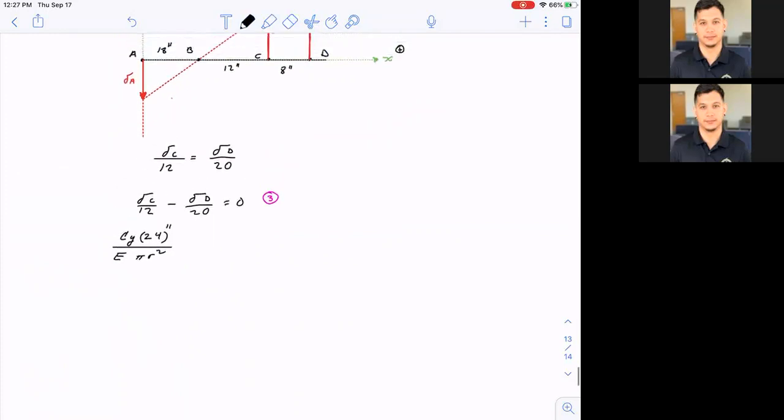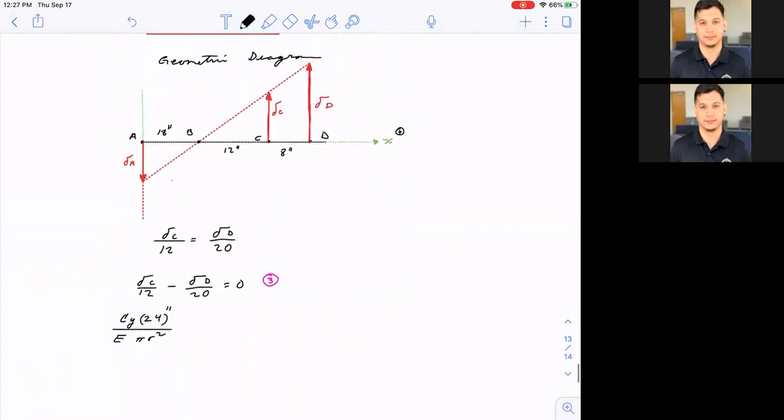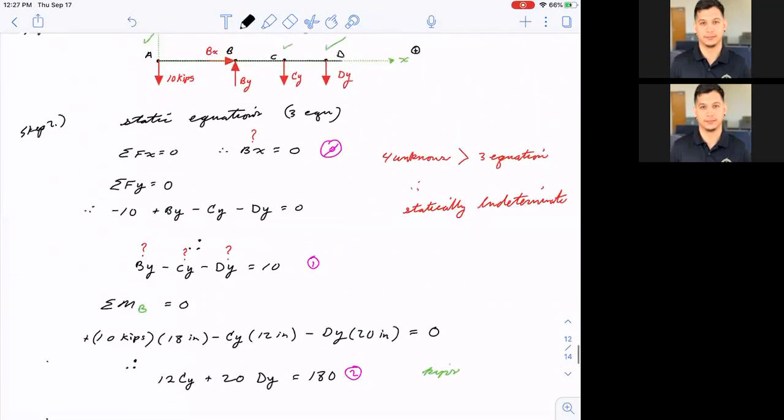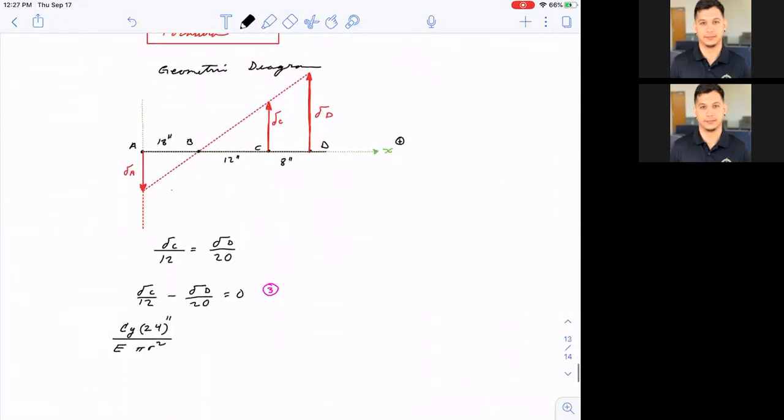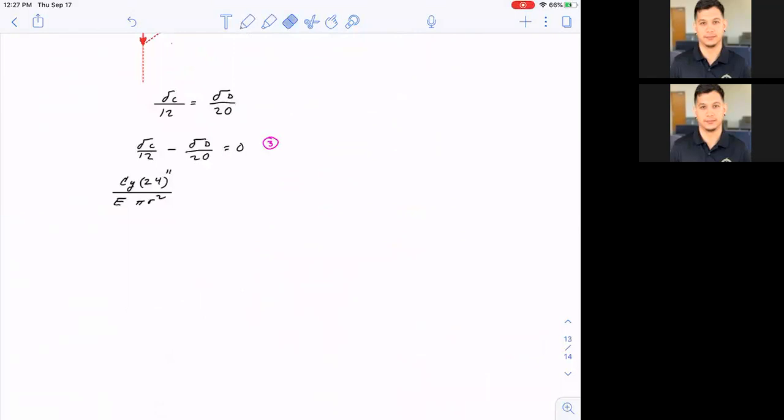And the radius of CE is 1/2 of 1/2, which is 1/4. So then we could put 0.25 squared. So that's just pi r squared minus d_E.